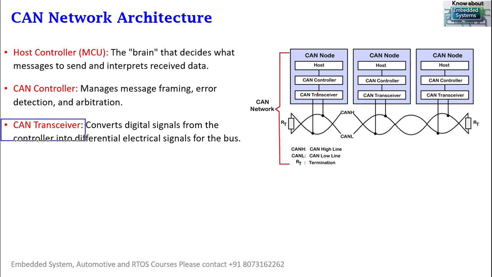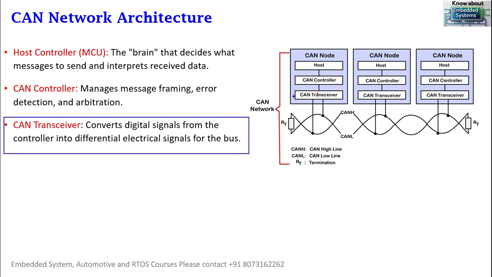The third module is called the CAN transceiver. What is this CAN transceiver? It is nothing but a CAN transmitter and receiver. This is the third component in the CAN node. Very straightforward definition. What will it do? The CAN transceiver will split your bits into CANH and CANL differential voltage.